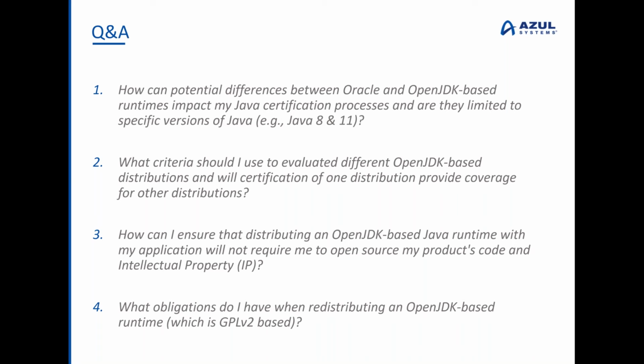The last one here was still an open question, which is what obligations do I have redistributing? GPL v2 based distributions have very set rules and requirements. Section 3 of the legal language has a very spelled out set of definitions of what requirements you have, such as the ability to offer source code for the JDKs that you embed.